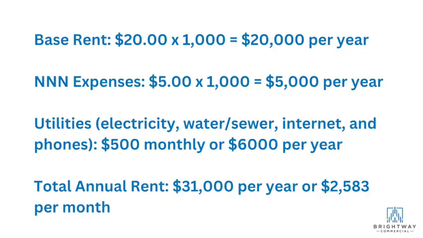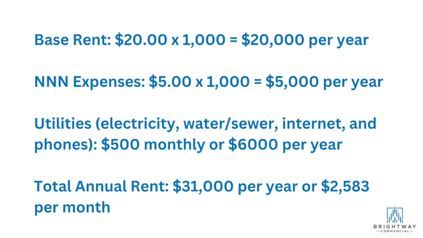Tenants pay their base rent plus their share of property taxes, insurance, and common area maintenance, sometimes called CAM. Here's an example continuing on from our previous scenario. You might be quoted $20 per square foot triple net with an additional $5 per square foot for the triple net expenses. So if your space is 1,000 square feet, the base rent would be $20 times 1,000 square feet equals $20,000 per year.